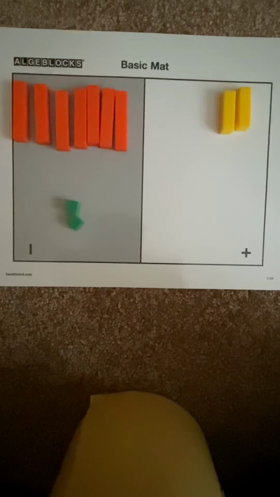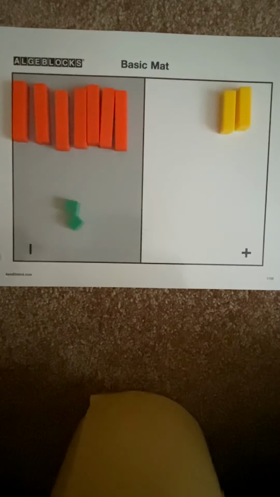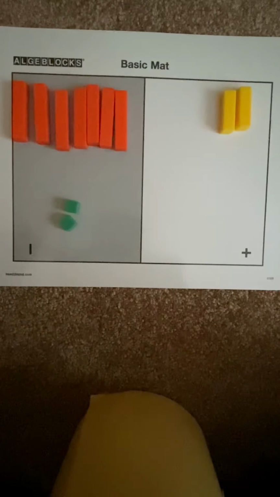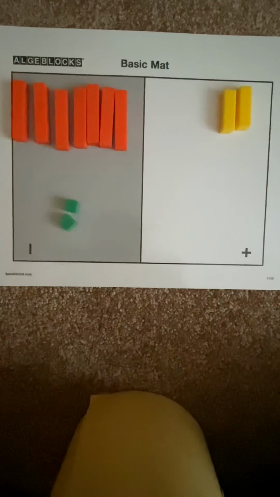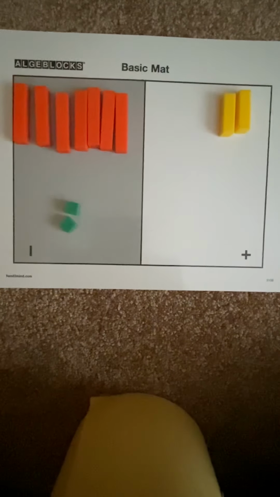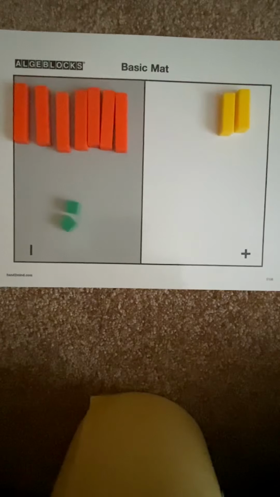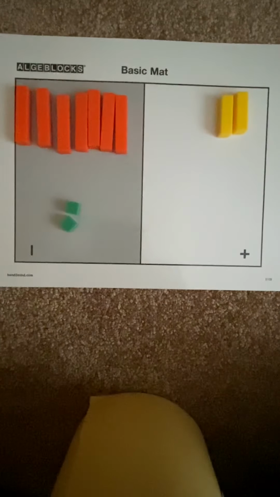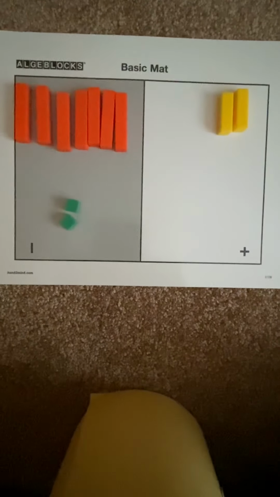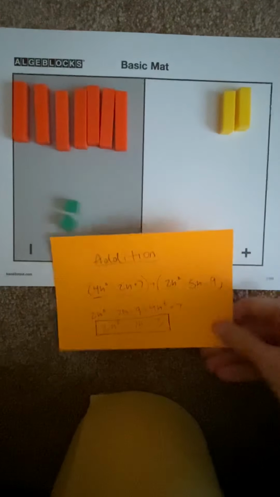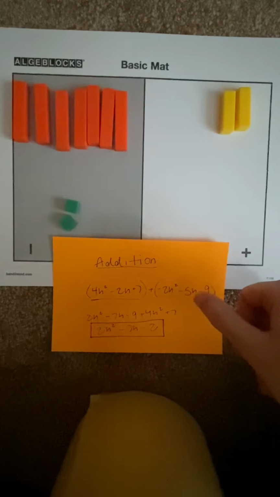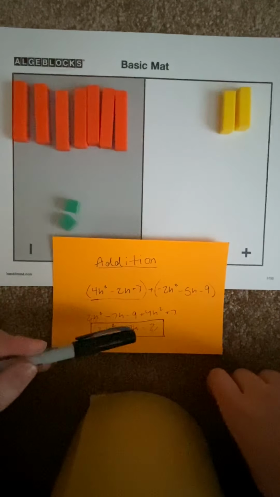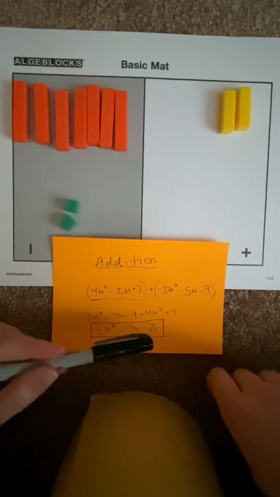All right, and after all those 0 pairs, we are left with 2 green cubes on the negative side. So we are left with -2. All right, and that is how you solve your addition problem, and I will show you what we are left with. So after removing the 0 pairs, we are left with 2h squared minus 7h minus 2.